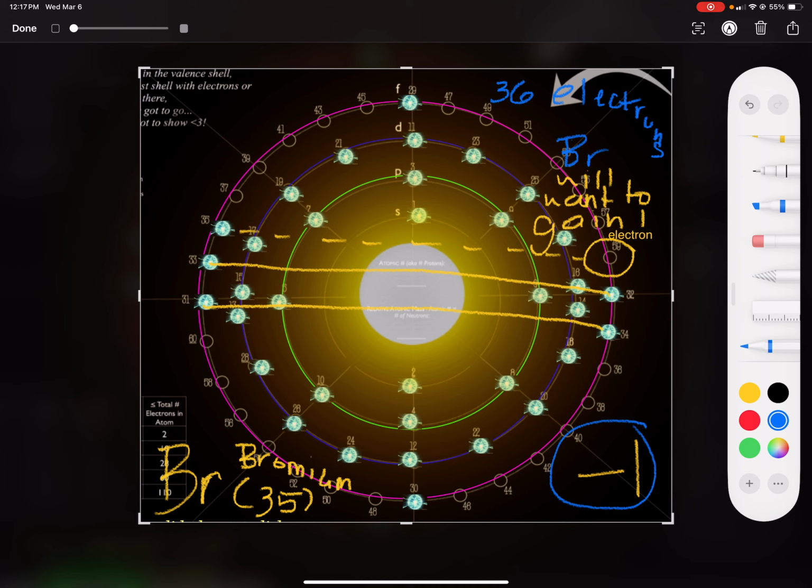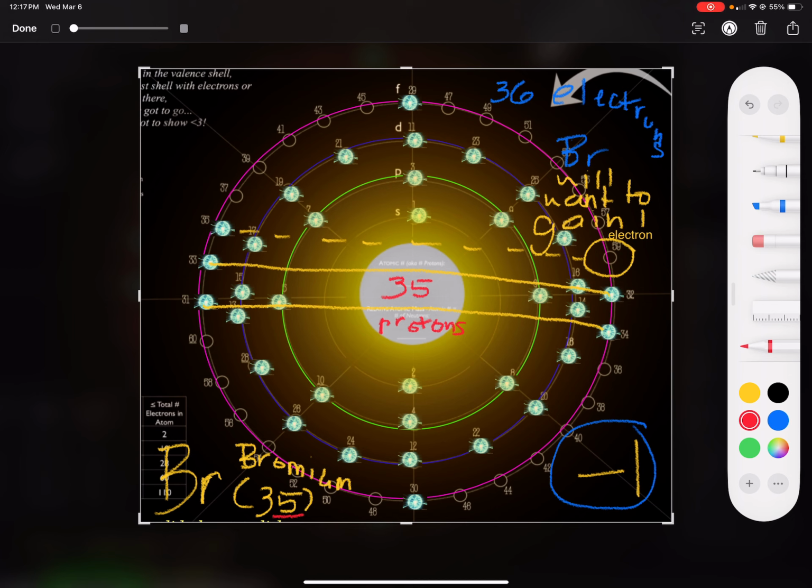And remember, its atomic number was 35, which means that it had 35 protons. So if it had 35 protons and it gains an electron, that's going to give it a negative electrical charge. It'll have 36 electrons and 35 protons, which gives an electrical charge of -1. Now this is interesting, because we're going to talk about that in a second.